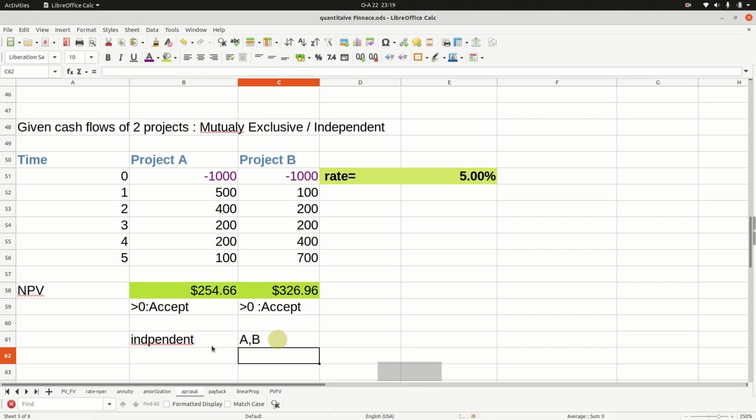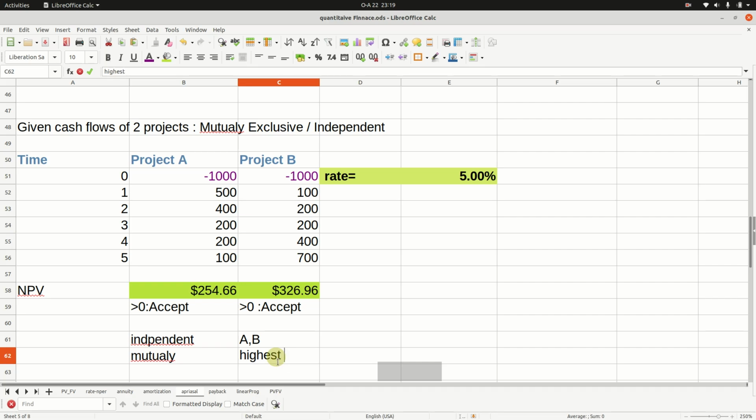But if they are mutually exclusive, it means that you have to choose one and neglect the other automatically. So if you choose A, you're going to neglect B. If you choose B, you're going to neglect A. That's a choice to make. In here, we check the one with the highest NPV.